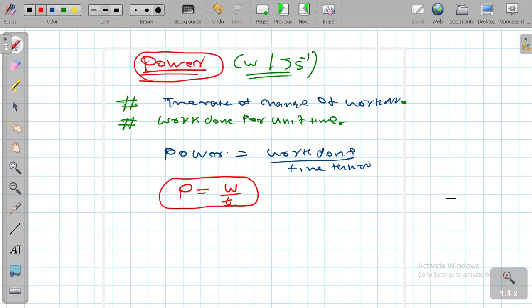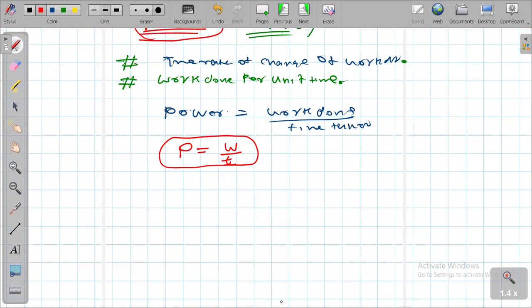I hope you are done copying that. So let's do the unit analysis. In here, the work done is in joules. This one is in seconds. So that is why the unit is J s minus 1.